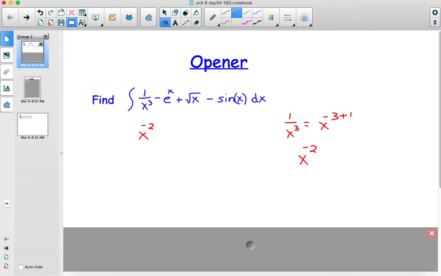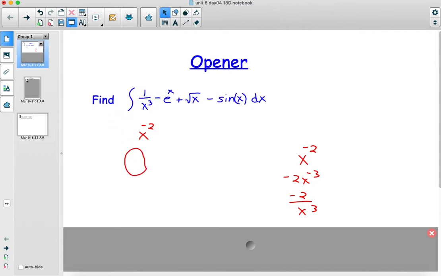Now let's differentiate this and see what we get. What's the derivative of x to the negative second power? Using the power rule, that'll be negative 2x to the negative third, or another way of saying that is negative 2 over x cubed. But that's not what we had to start with. We didn't have the negative 2. But that's okay. If it's just a constant that's the difference, then we can fix that.